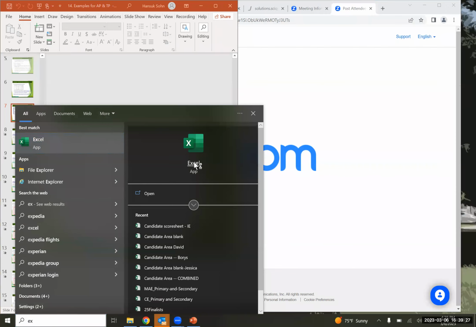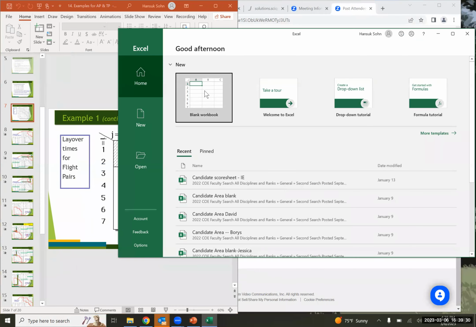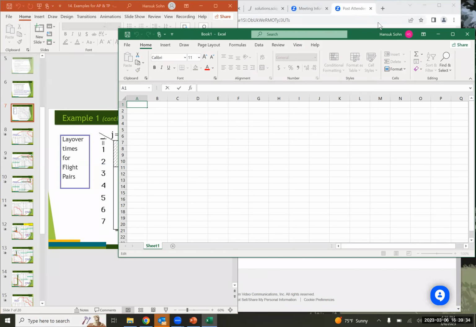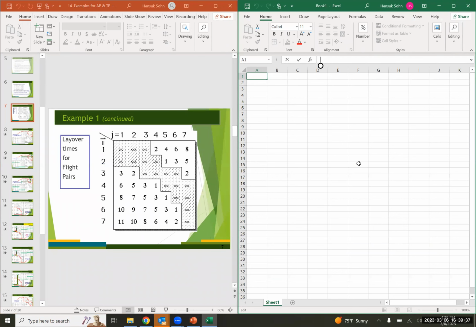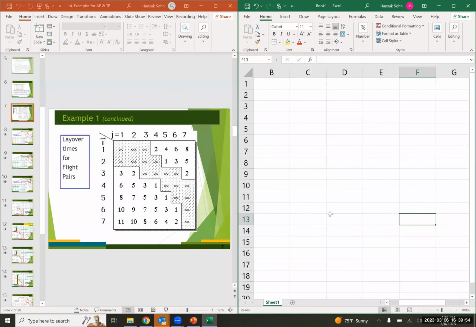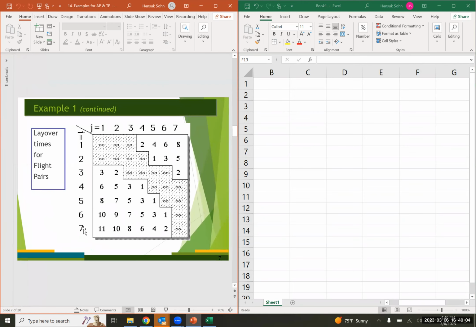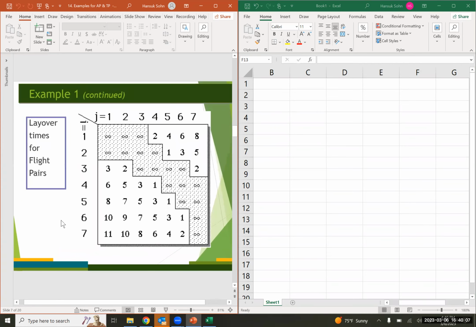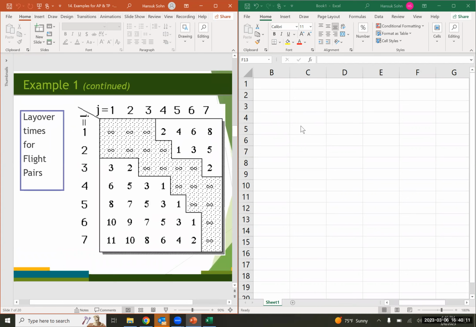Okay, so this is Excel. Also I'm going to zoom in just a little bit. Okay, this is big enough.